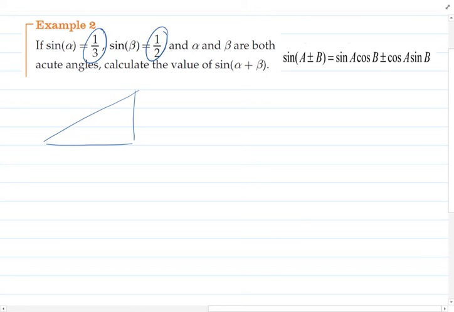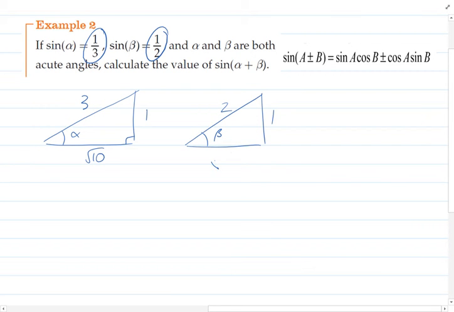For sine of alpha, that's going to be hypotenuse of 3 and opposite of 1, and so this side here is going to be the square root of 3 squared minus 1 squared, so that'll be root 8.